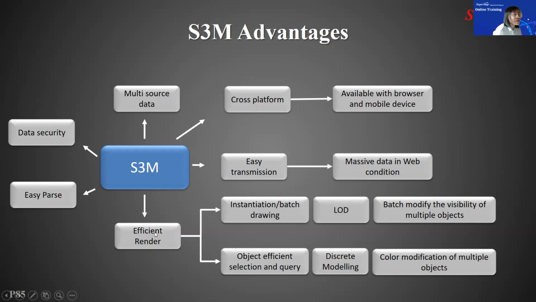So it achieves efficient rendering and very easy transmission, and it can support massive data visualization on the web platform. And why do we have such efficient rendering? Because we make use of different technologies like LOD and instantiation for data rendering.